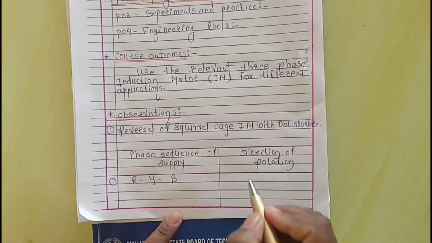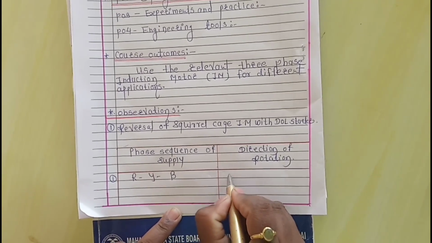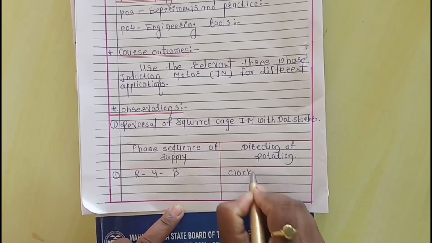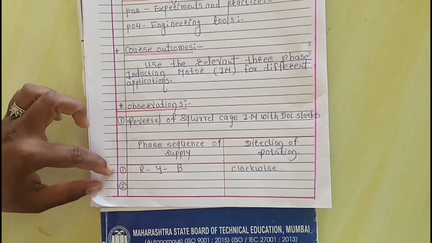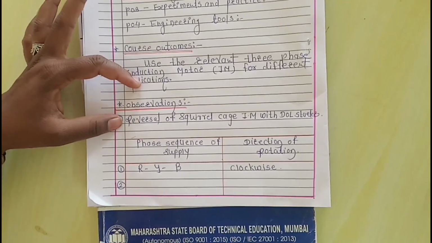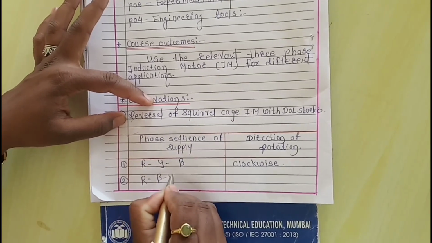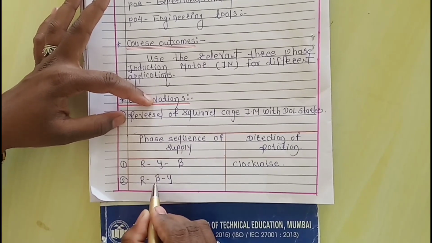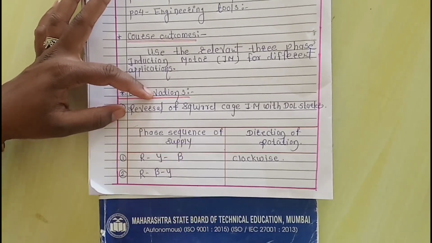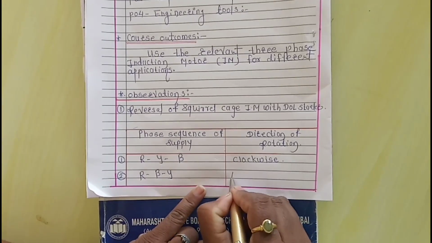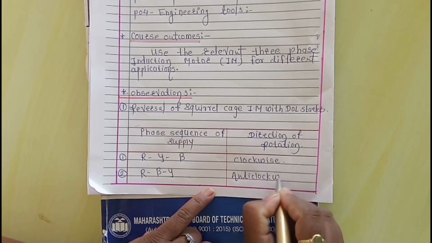We saw the induction motor's direction is the normal direction, that is, the motor is rotating clockwise. After changing the connection, that means changing the phase sequence to RBY, where we changed the T2 and T3 terminals with respect to L2 and L3, we saw our motor rotating in the anti-clockwise direction.